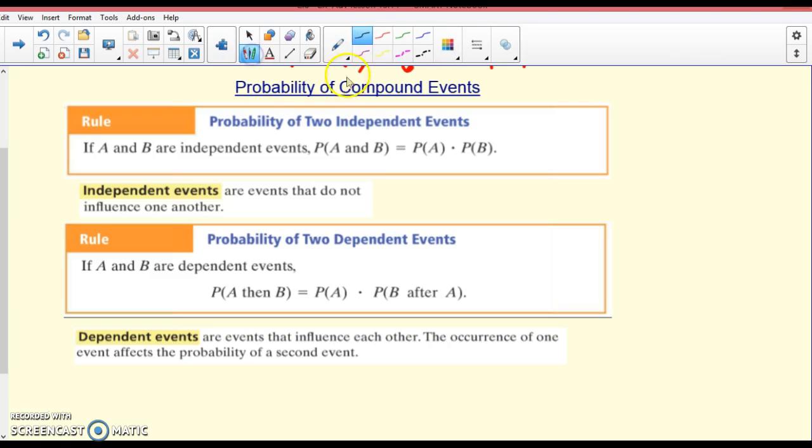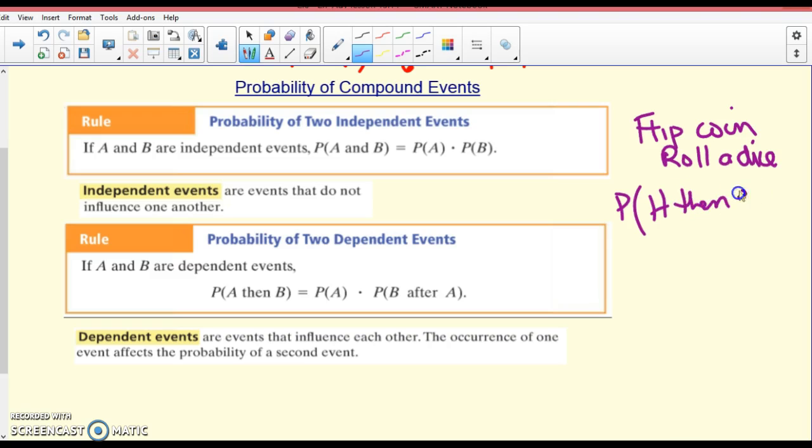So, if I say we are going to flip a coin and then roll a dice, an example of a problem like this would be, what is the probability that I get heads and then an even? Heads and then an even.